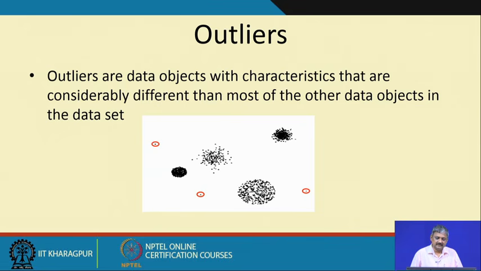Maybe this outlier has happened due to some sensor error, or somebody has wrongly entered a data. For example, if people are noting down the height of a person as 6 point something, maybe they missed the decimal point and it has become 611, which is way different from the other height values.